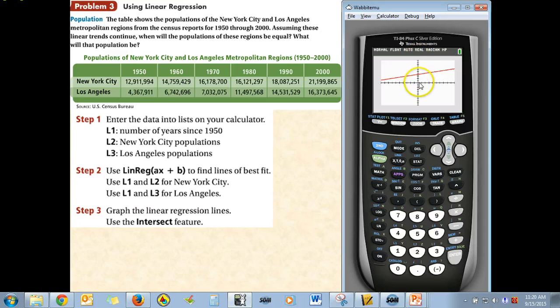So what I'm going to do is I'm going to say, alright, well, let's look and see, we go up to, in the year 2000, 22 million almost. So I'm going to adjust my window. I don't need to go into negative years, so I'm going to put from 0 to, and let's look at, I don't know, 100 years.